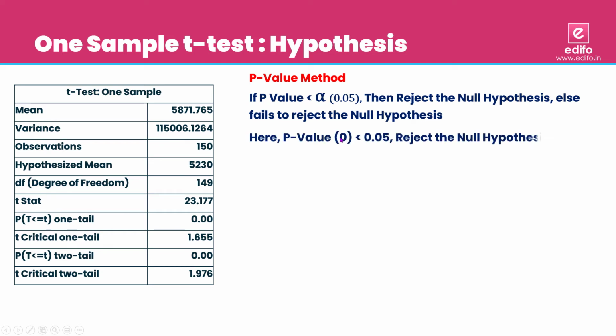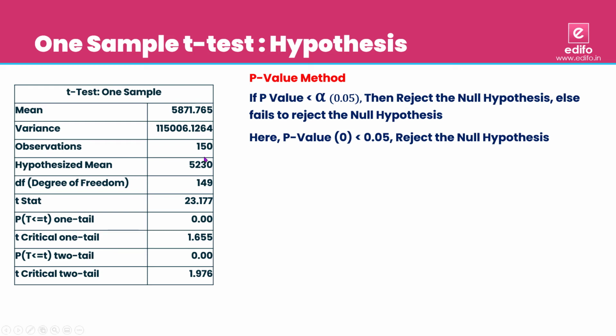Here, p-value 0 is less than 0.05, so reject the null hypothesis. So if you are considering the p-value method, we reject our null hypothesis. The null hypothesis is there is no significant difference between hypothesized and sample. So we reject that. That means there is a significant difference between the hypothesized mean and sample mean.